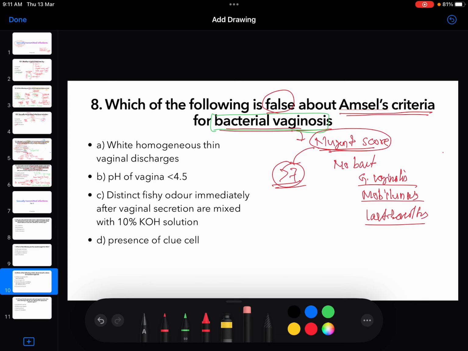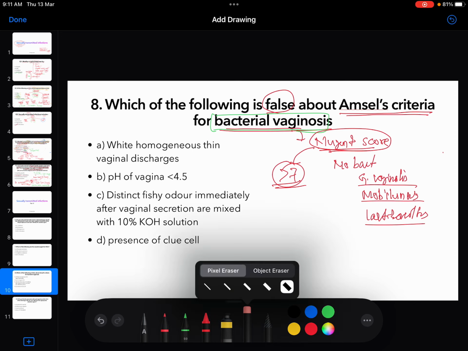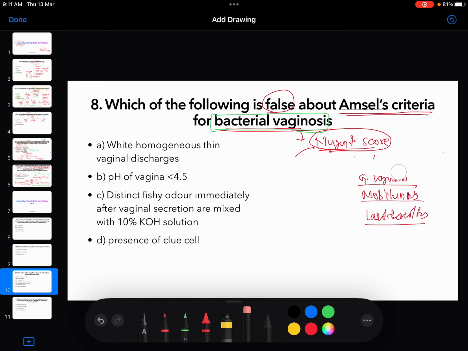Then how is the score predicted? By counting the number of bacilli in the gram stain. For lactobacillus, if the number of bacilli per field is more than 30, then the score is 0.